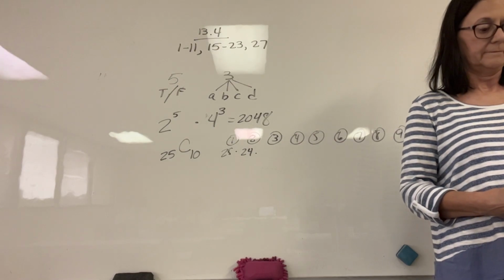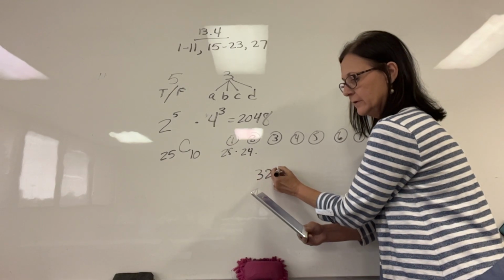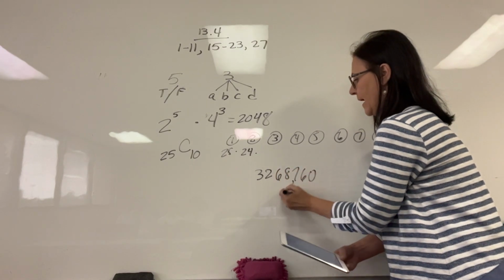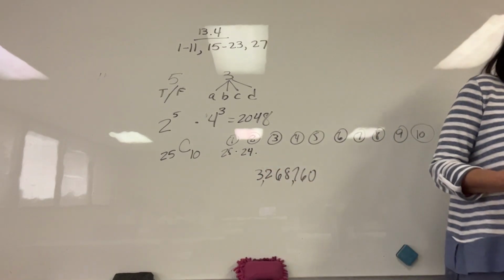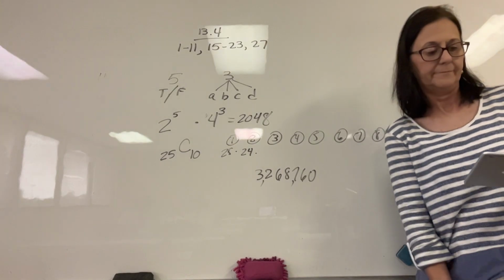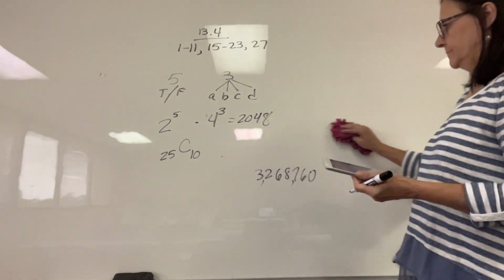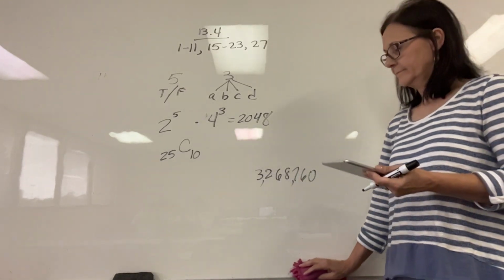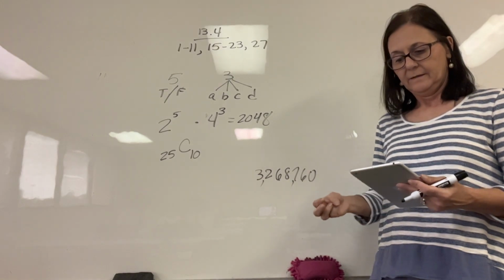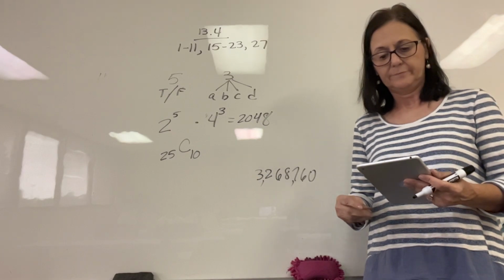This is a big number. 3,268,760. Did everybody get this number? That's how many different arrangements of collections can be shown.